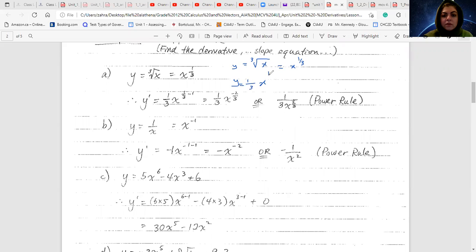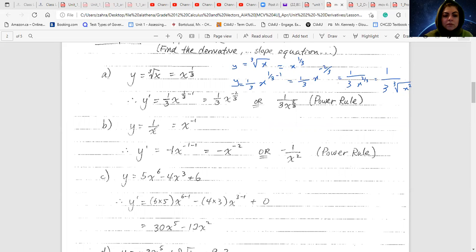And then power minus 1, 1 over 3 minus 1, so 1 over 3 minus 3 over 3, 1 minus 3 is 2, is negative 2 over 3. Then the power negative, you want to make it positive, it's coming into the denominator. It's going to be x to the power of 2 over 3. Just flip it over, bring it to the denominator. You can put it as a root 3. So here is root 3 of x to the power of 2.